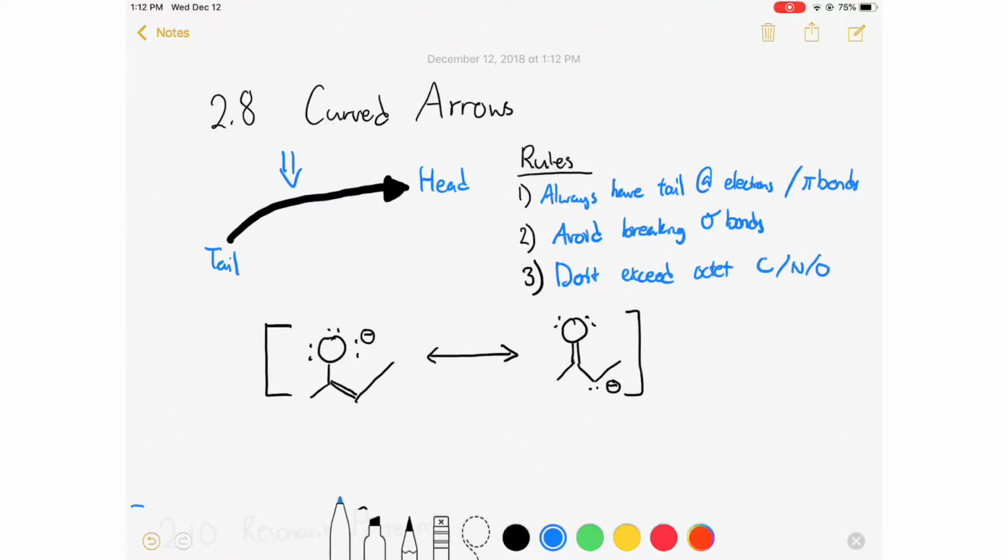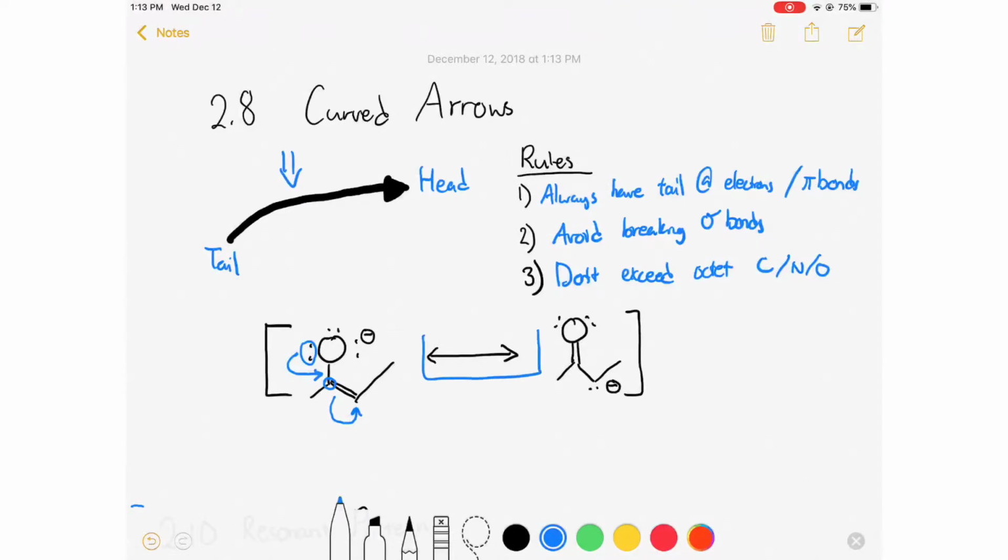In the example below, the curved arrow would start off over here at these two lone pairs with a tail, and it would have the head pointing towards the single bond. However, that would exceed the octet for this carbon, which means that another arrow pushing mechanism would occur with the tail at that pi bond, dropping off 2 electrons over here at that carbon.